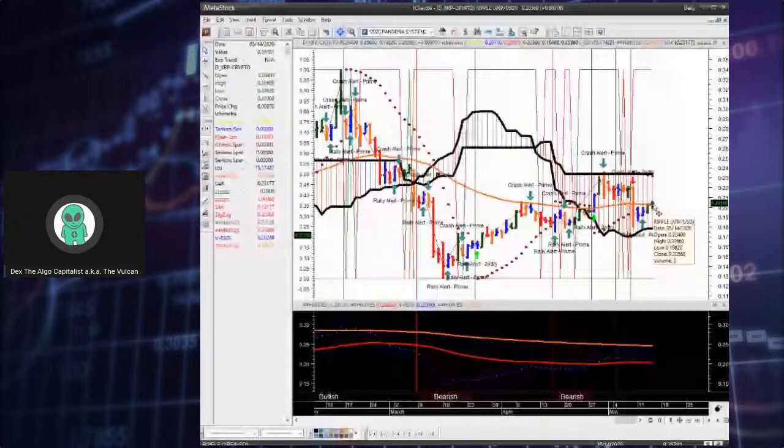All the cryptos have until Sunday, 6 p.m. New York time, East Coast time. That's what your Ripple is looking like right now.